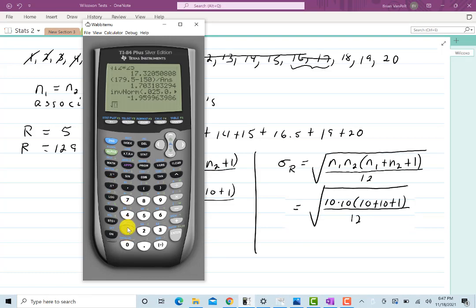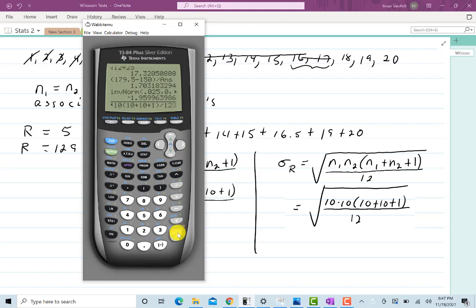I'm sure you can do 10 times 10 is 100, but I'm just going to do it so I don't have to do any computations at all. You don't even have to put a times after the next 10. You can just start the parenthesis. So I'll have 10 plus 10 plus 1, end the parenthesis, and then I divide by 12.